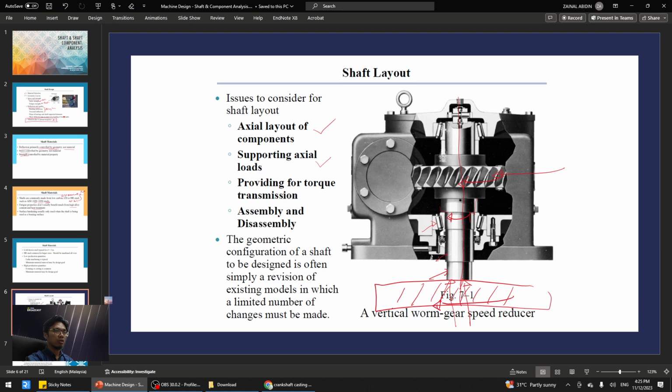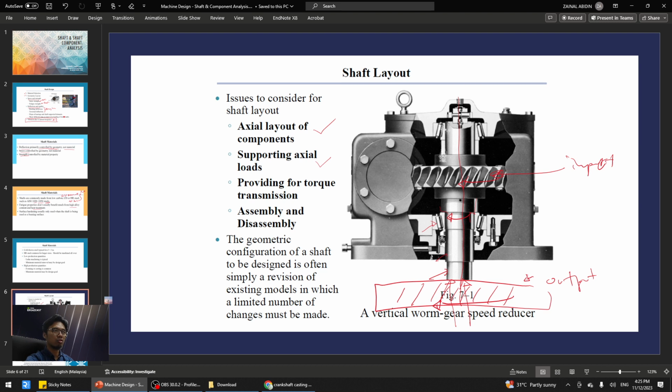So macam mana input yang di sebelah gear ni keluarkan sama output dekat gear yang berada di luar?